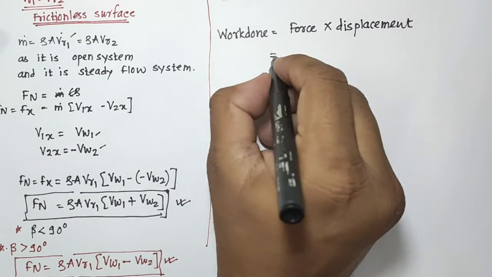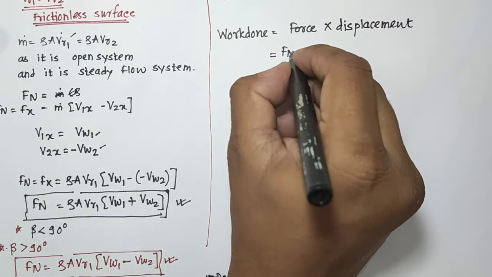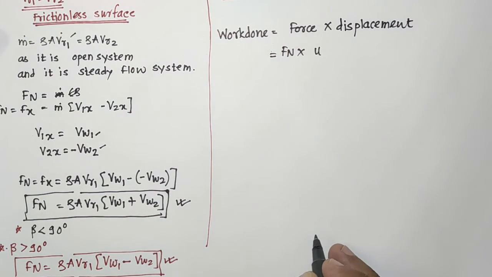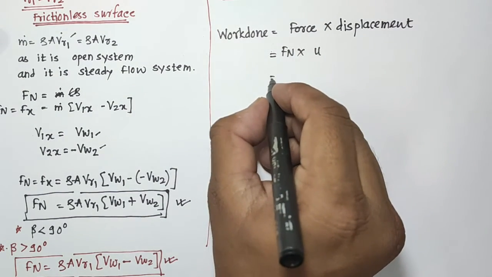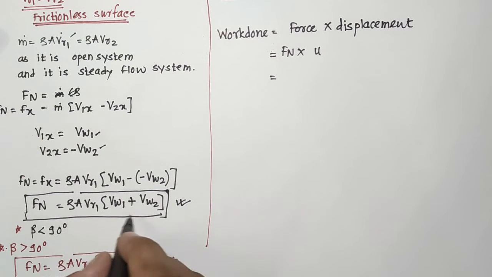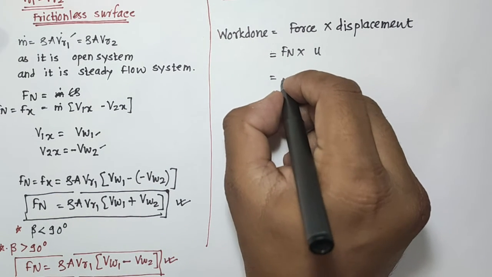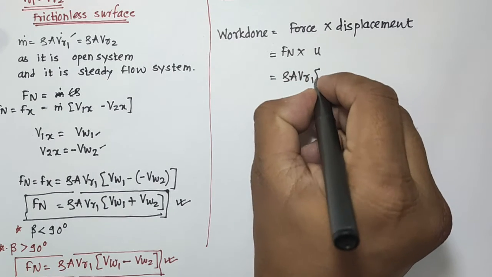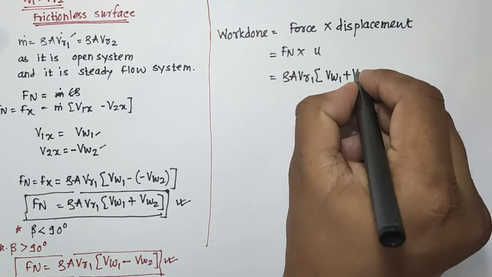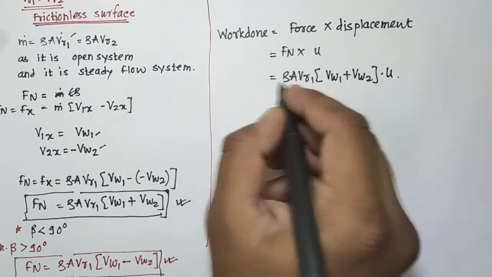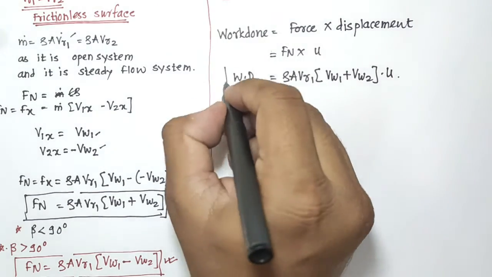So here the force is normal force Fn into the displacement is u. So this equation will be like this. This we will take as the first condition related to the force exerted, Fn is equal to rho a vr1 in bracket vw1 plus vw2 into u, is nothing but what we call as work done.